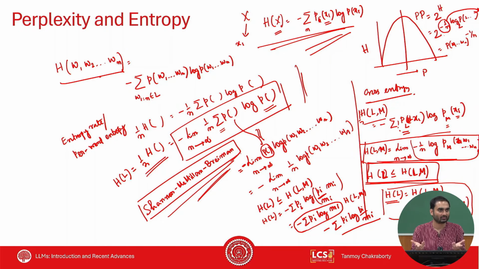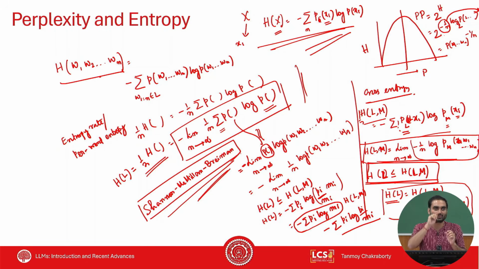Number of bits required, minimum number of bits required to encode. What is minus pi log of pi? Expected number of bits required, because pi is essentially the probability of that outcome, right?